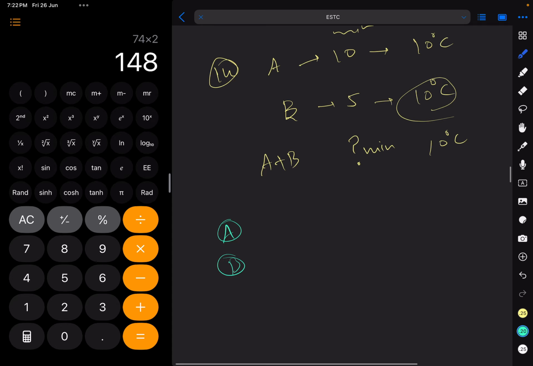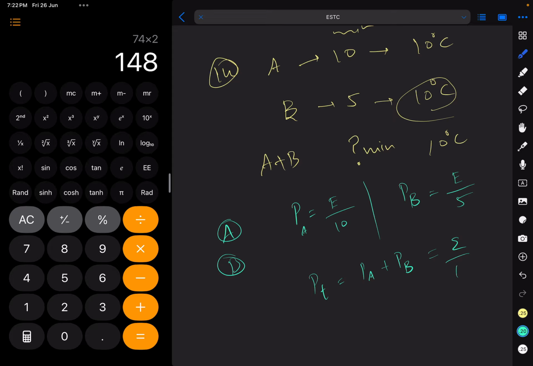Power of A is energy of A by 10 minutes. Power of B is energy of B by 5 minutes. For the total, it's E by 10 plus 2E by 10, so it's 3E by 10.